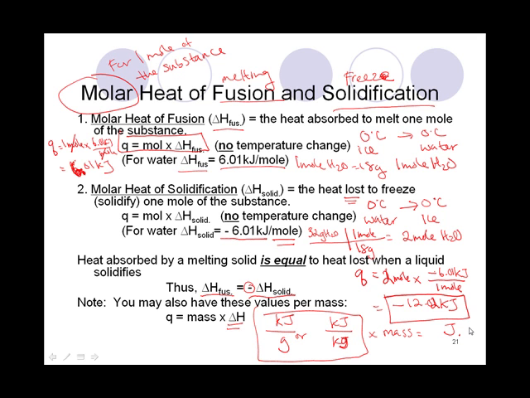So you might want to watch out in the future, maybe in college or AP chemistry, if they give you this heat of fusion per kilogram or per mass, just multiply by the mass. Make sure you just end up with joules, which is the energy that you want.